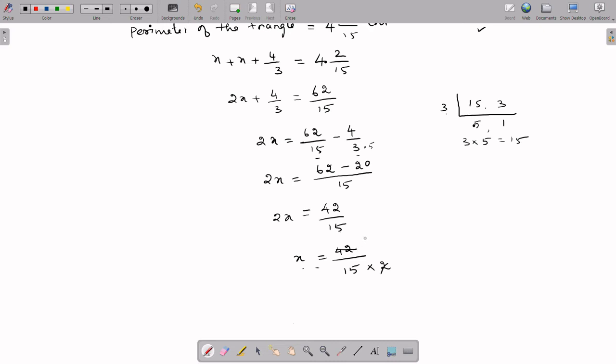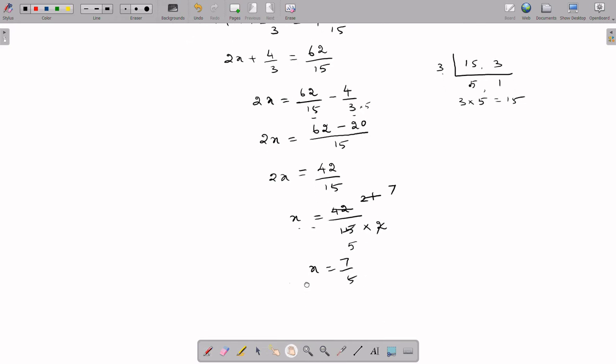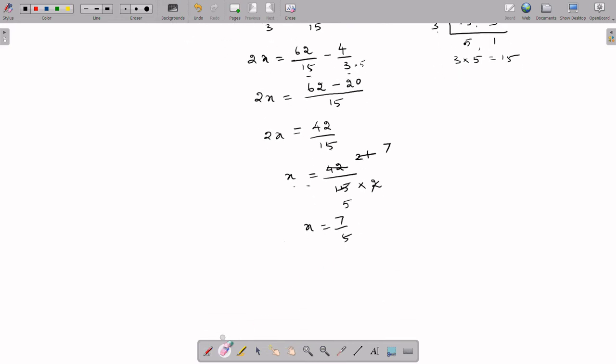So here 2 times 2 are 4, and 2 times 1 are 2, so we have 21, and this 21 cancels with this 15. 5 times 3 is 15, and 7 times 3 is 21. So x is equal to 7/5.